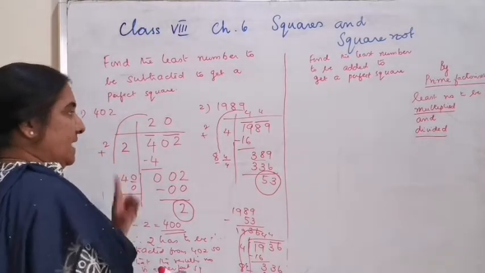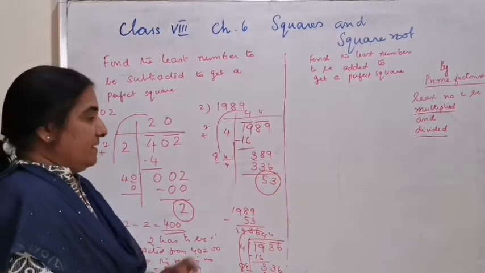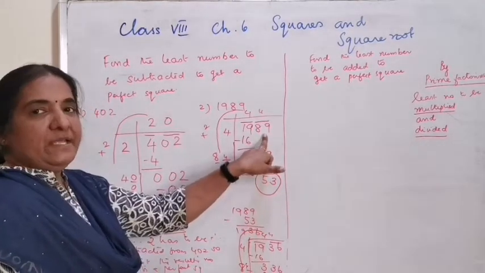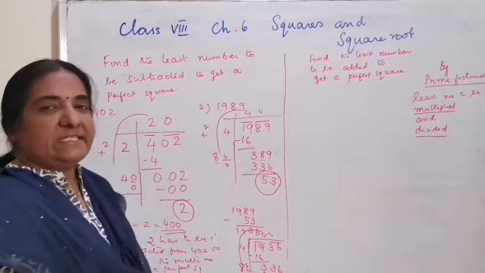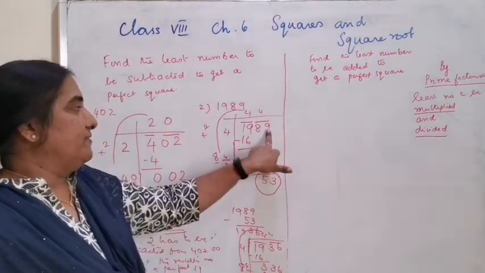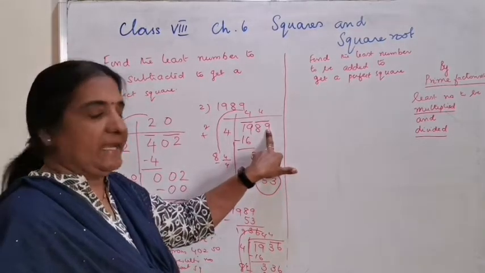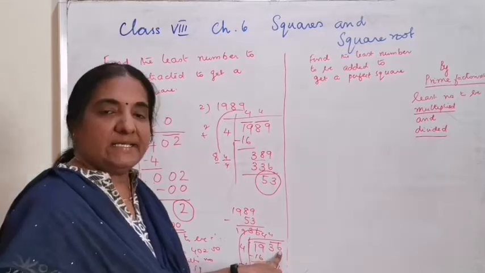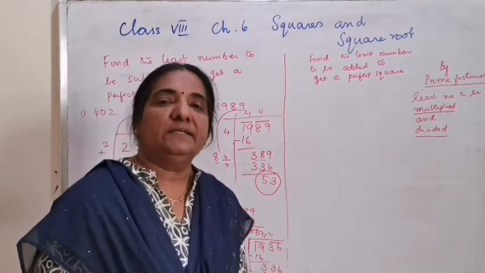So in this type of problem, the remainder you get here should be subtracted from the given number to make it a perfect square. That is, 53 has to be subtracted from 1989 so that the resulting number 1936 is a perfect square number.